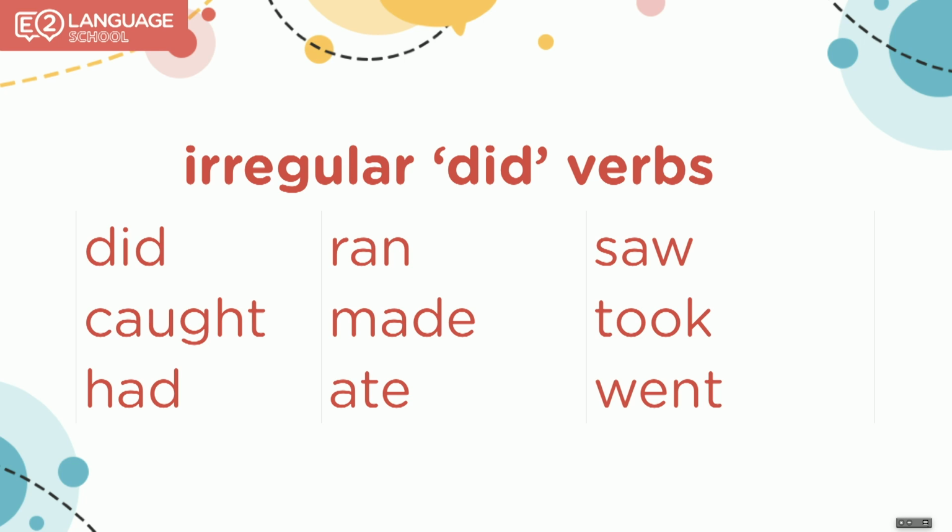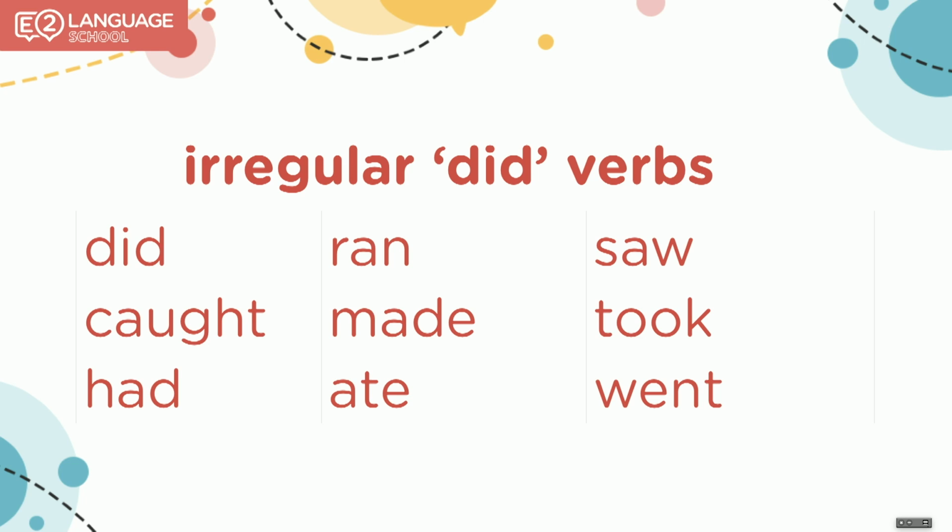So here are some more irregular did verbs like did, ran, saw, caught, made, took, had, ate, and went. Do you know what the do verb is here? Ran, run, saw, see, caught, catch, made, make, took, take, had, have, ate, eat, went, and go.